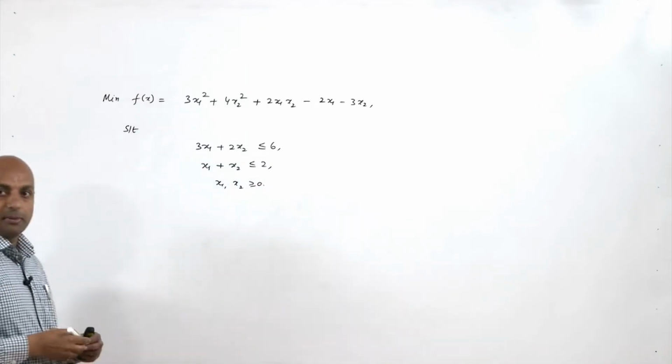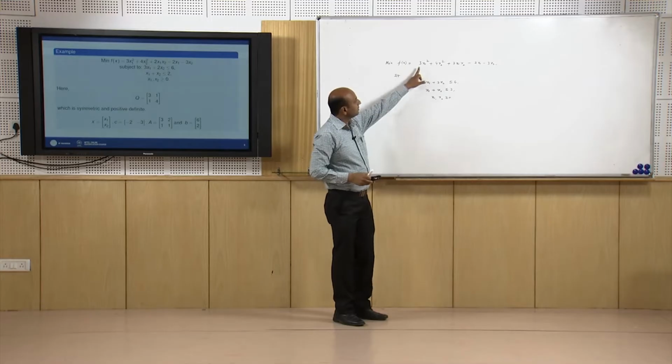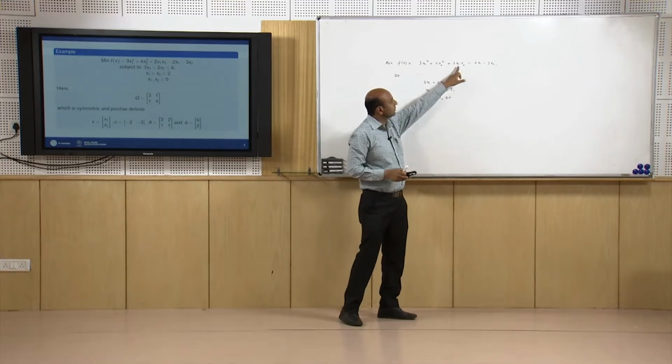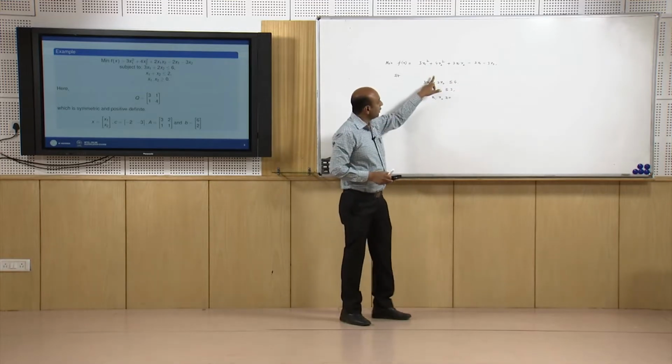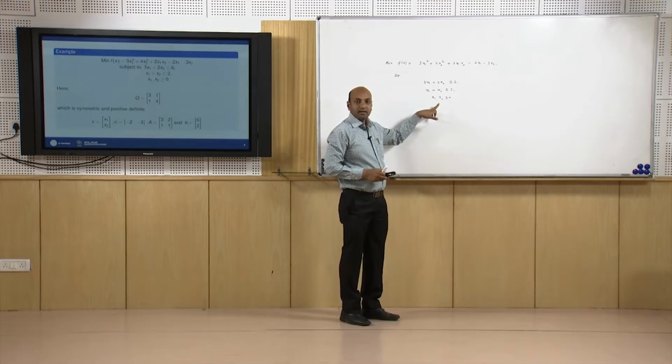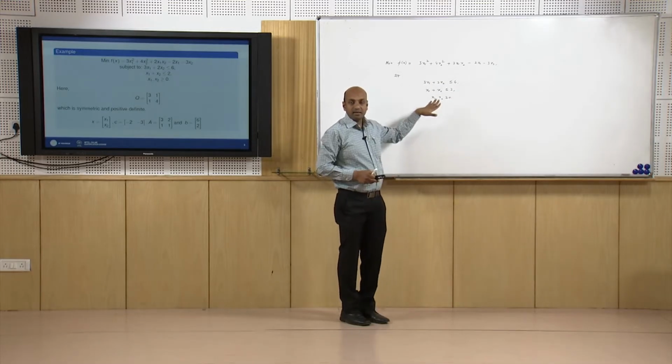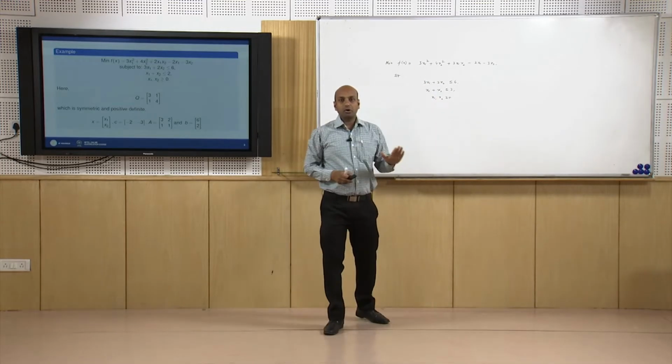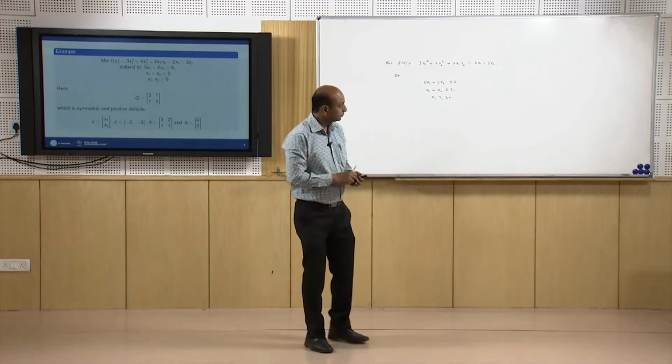In this problem the objective function is quadratic because it is of degree 2 and all the involved constraints are linear. So, we can say that this problem is a quadratic programming problem.